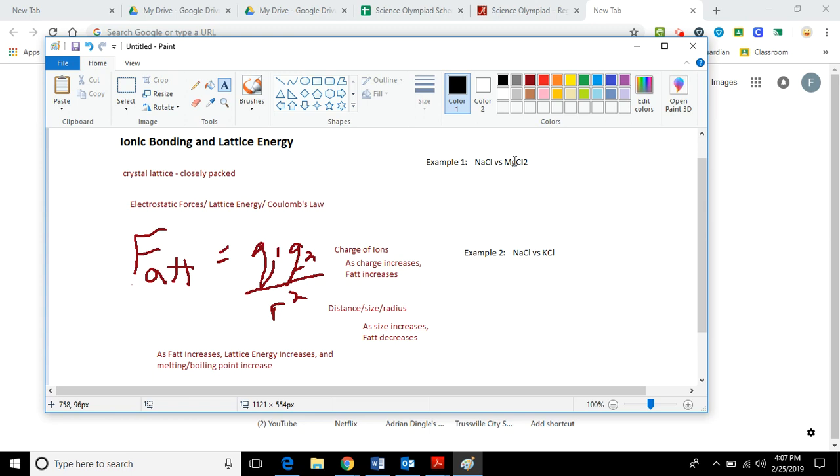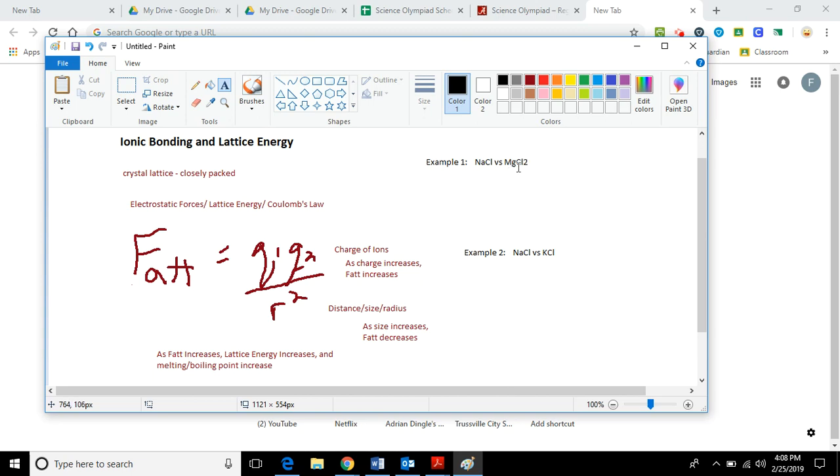Well, the way that you justify is you talk about this in a sequential form. First you compare and contrast your two ionic compounds. What's going on with this ionic compound is that Na has a +1 charge, Cl has a -1 charge, versus MgCl2, where Mg has a 2+ charge and Cl has a -1 charge.